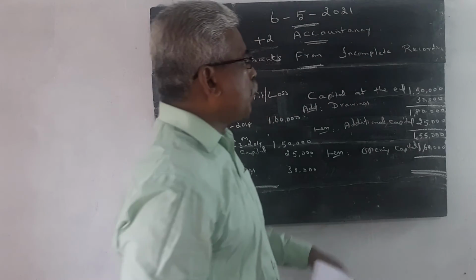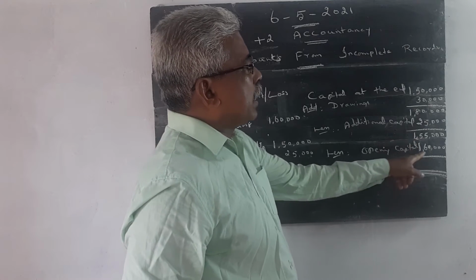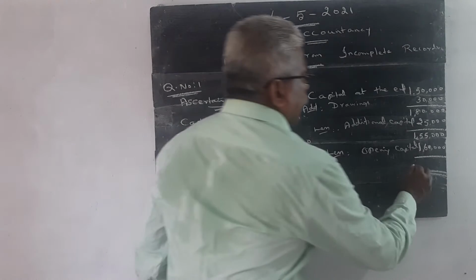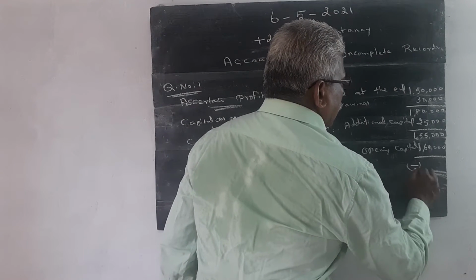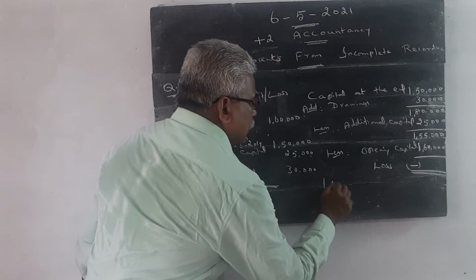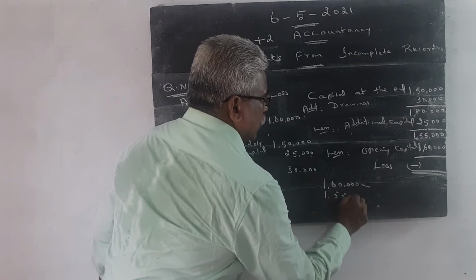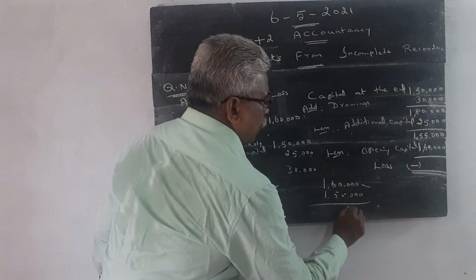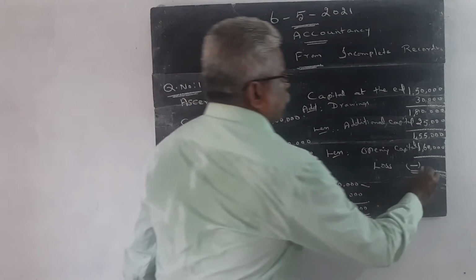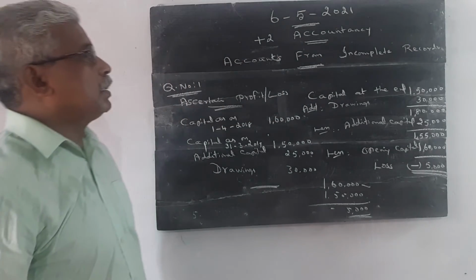So we are not able to subtract 1,60,000 from 1,55,000, so here we get a minus figure. If you get a minus figure, it means it is a loss. 1,60,000 minus 1,55,000 is equal to 5,000 rupees loss. So 5,000 rupees is loss.